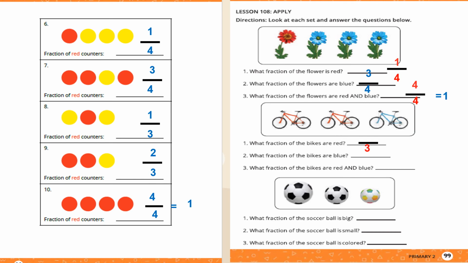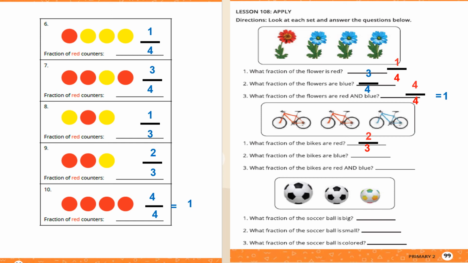And how many bikes? 1, 2, 3. So I will put 3 lower than the fraction bar, then the total parts 3, and the red bikes 2. So 2 over 3.